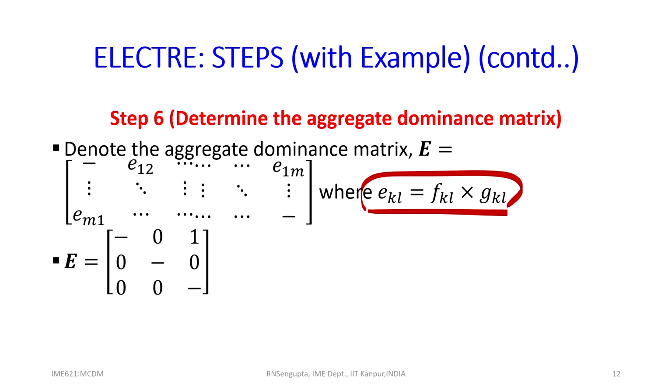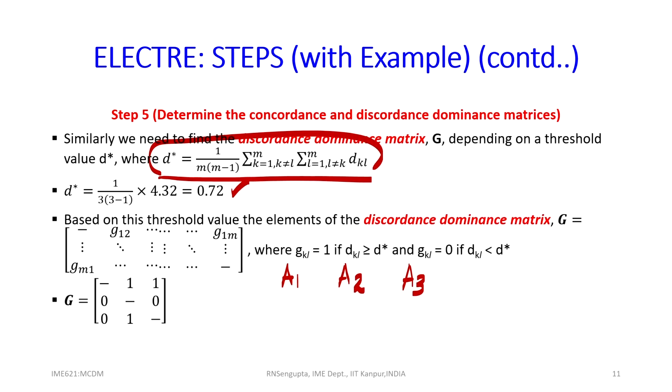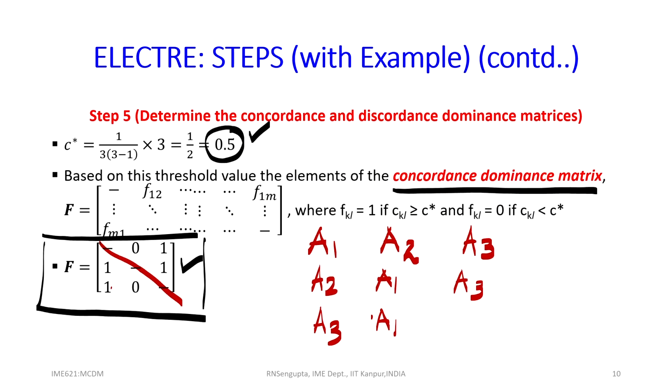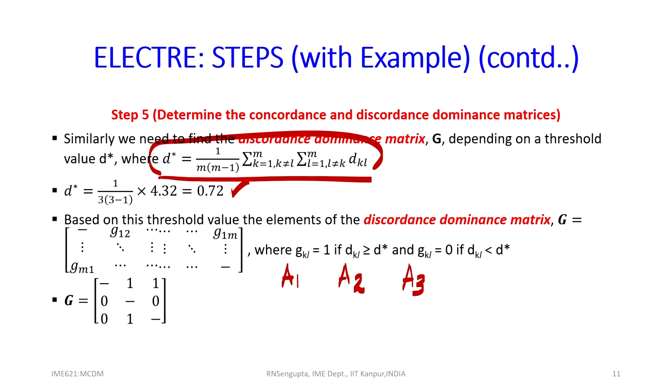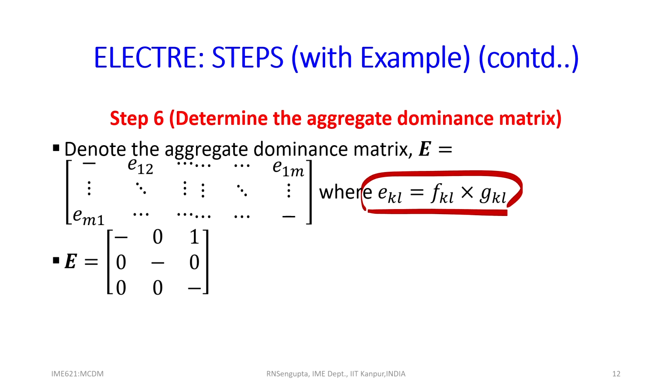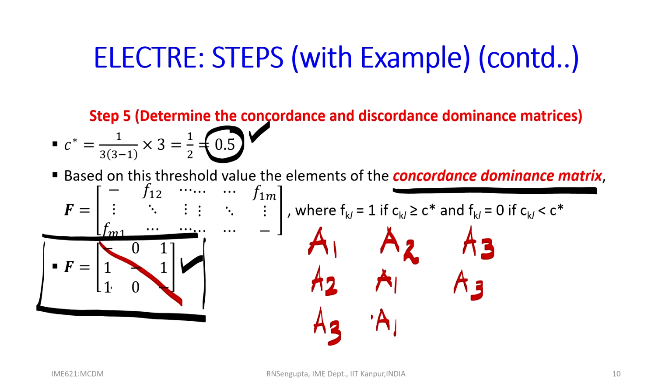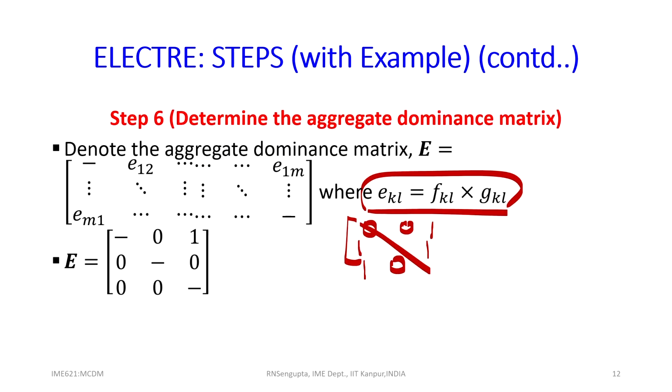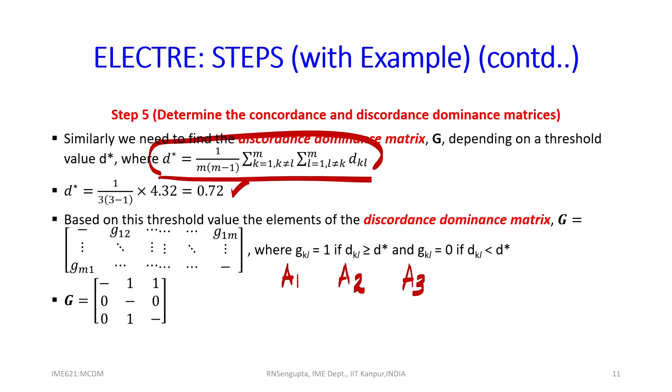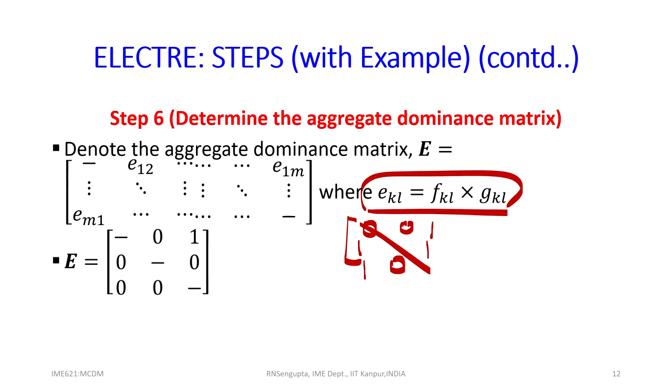So, when I do that, what do I have? I had elements 0 1 1 1 1 0, and on this scale it is 1 1 0 0 0 1.